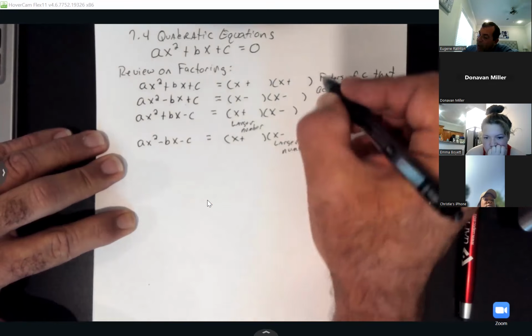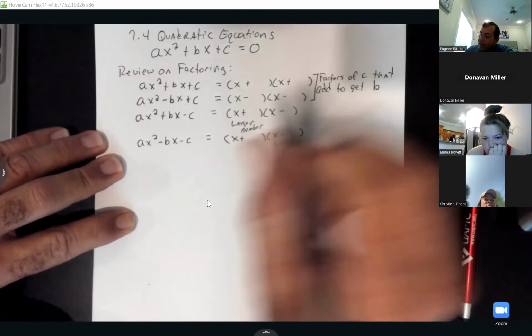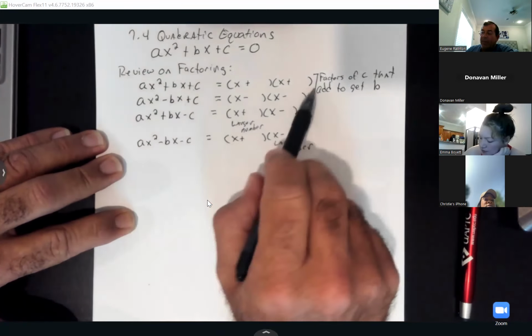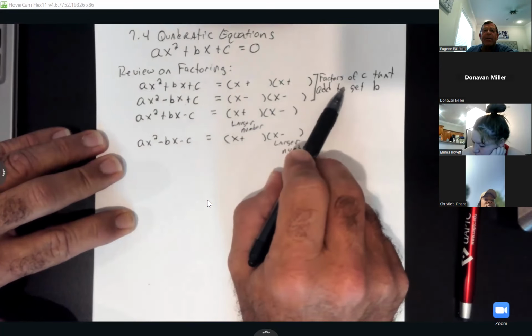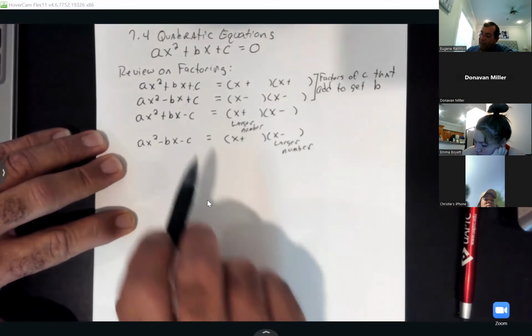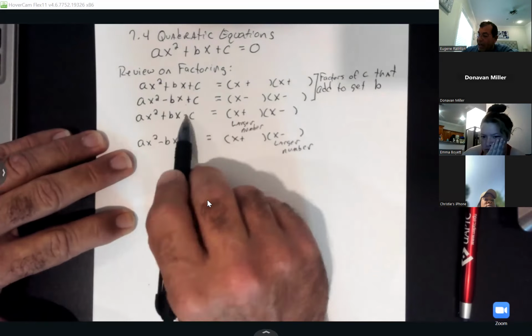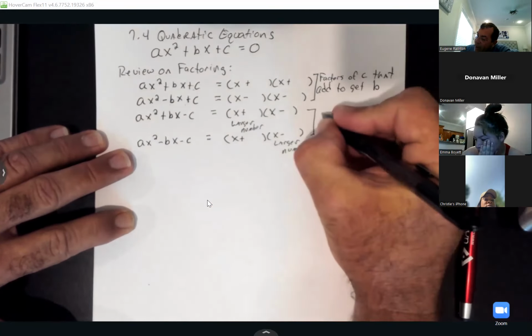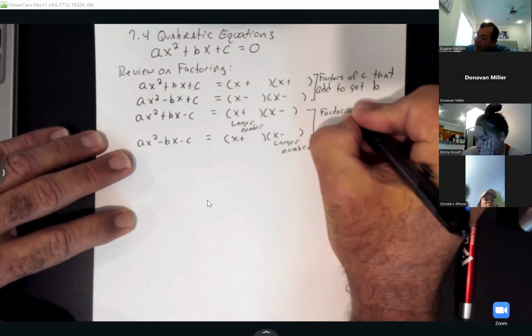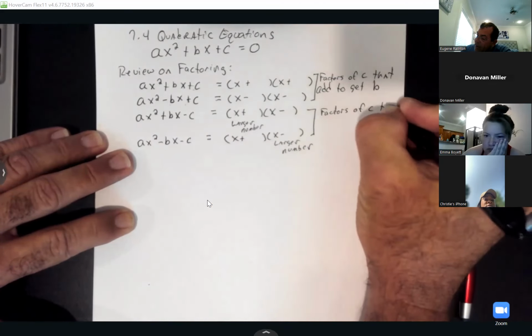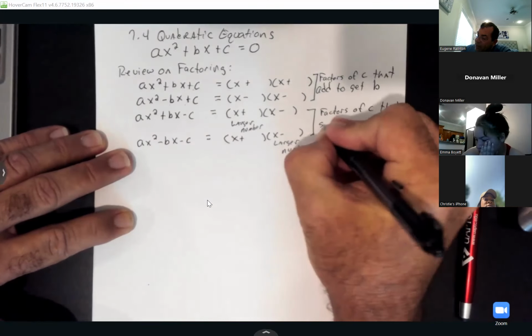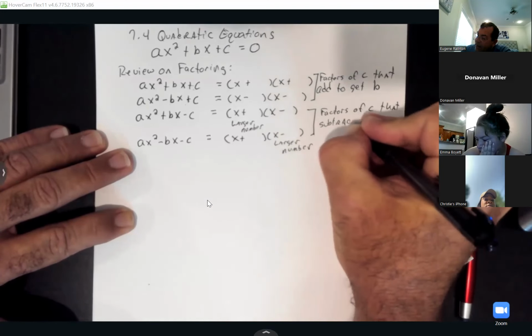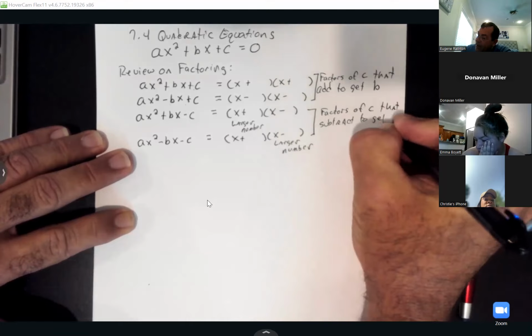So I'll do that on both of these. Since they're both positive at the end, I'm going to find factors of the last number that add to get the middle number. Now, both of these where the last numbers are negative, on these two, I'm going to find factors of C that subtract to get B.